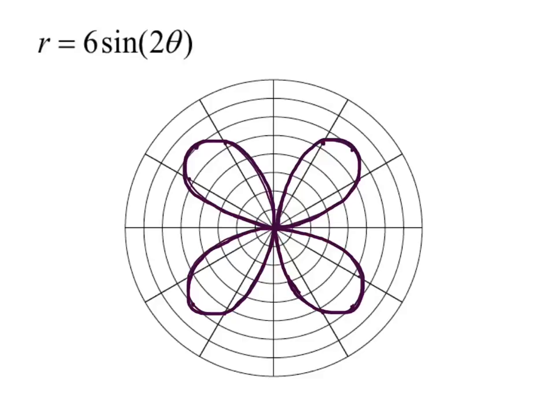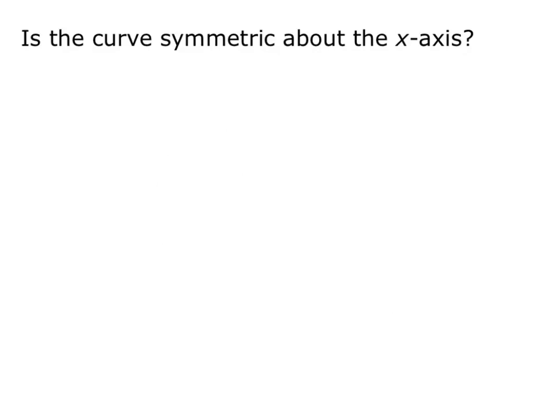We have one leaf in each quadrant, with the tip of the leaf being at the angles π/4, 3π/4, 5π/4, and 7π/4. So first question, is the curve symmetric about the x-axis?